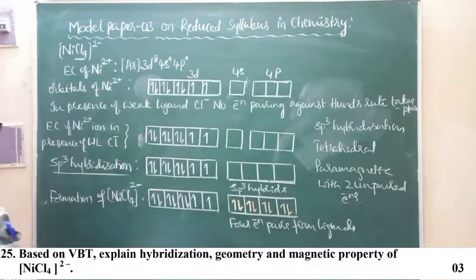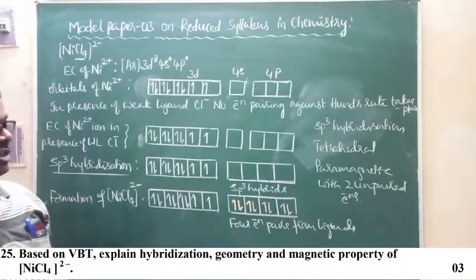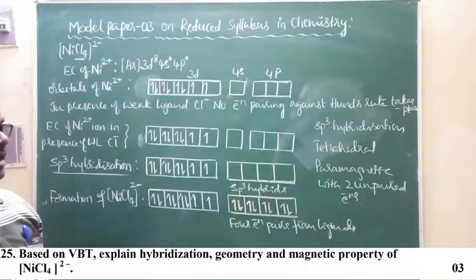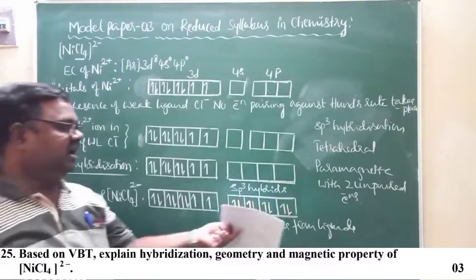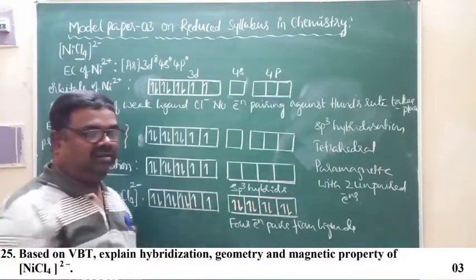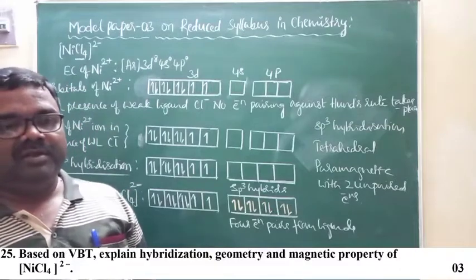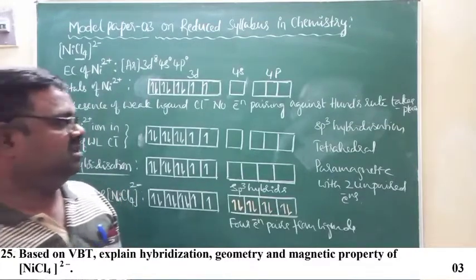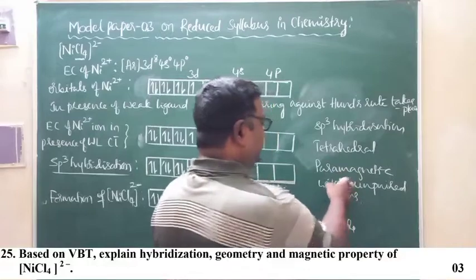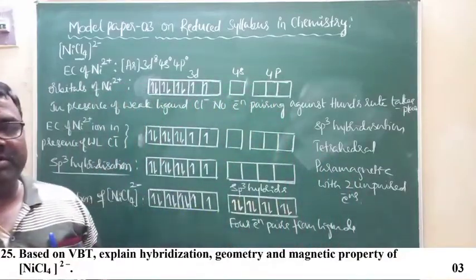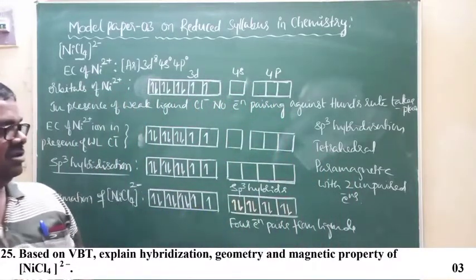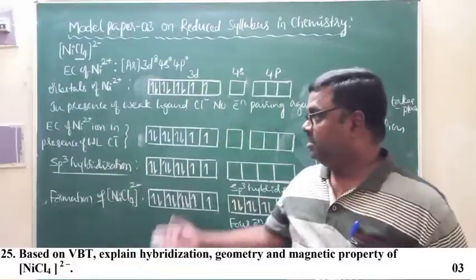Thereby, 4 coordinate bonds are produced, that is through sp3 hybridization. That's why the complex is tetrahedral. It is paramagnetic because of the presence of 2 unpaired electrons. This is what we call the formation of this complex, hybridization, geometry and magnetic property of the complex based on valence bond theory.